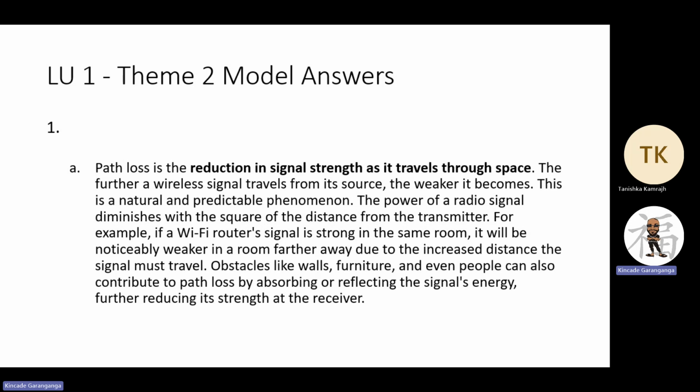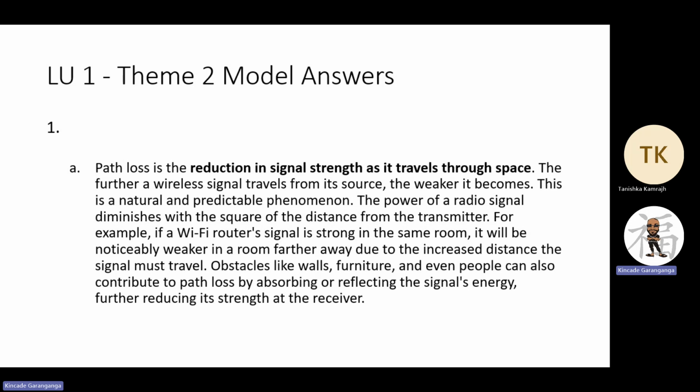And then when you're looking at multipath propagation, a classic example of this would be a signal reflecting off objects. These objects can include walls, ceilings, buildings, and in some instances even the ground.